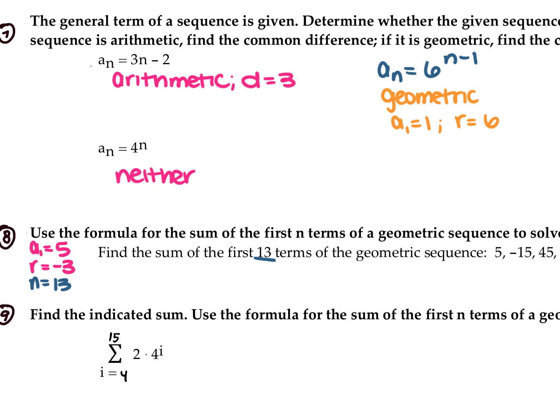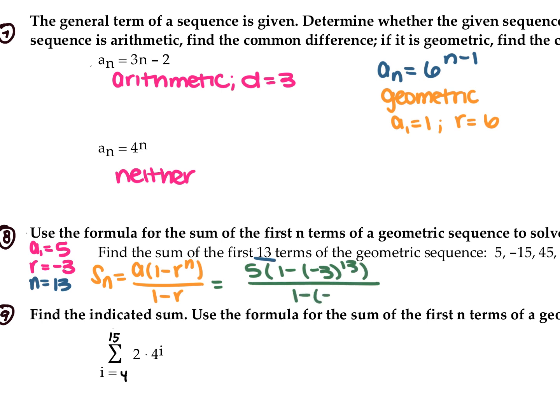The formula you're using here, because you're finding the sum, is S sub n equals a times 1 minus r to the power of n over 1 minus r. This gives you 5 times 1 minus negative 3 to the power of 13 over 1 minus negative 3. In your denominator, the double negatives turn into positives.